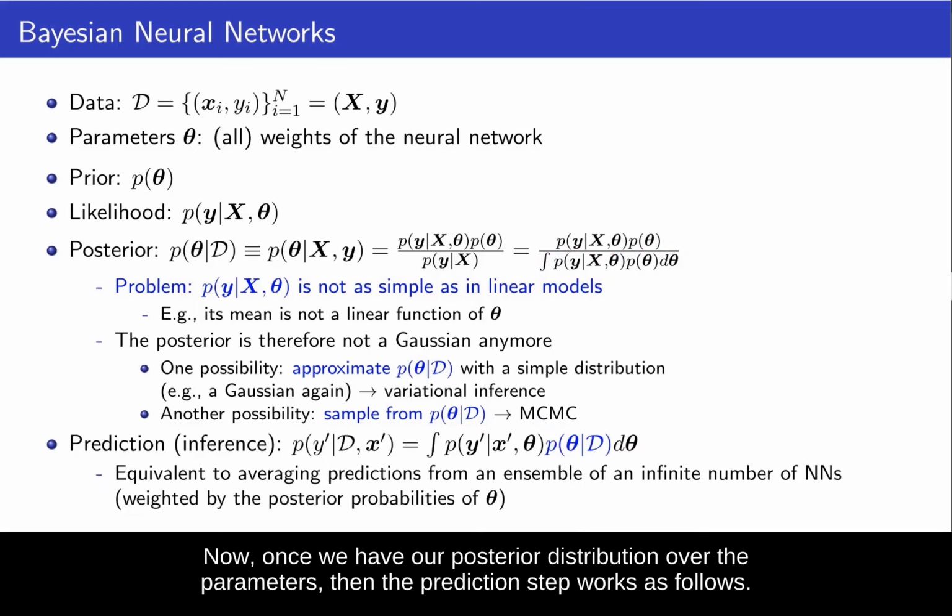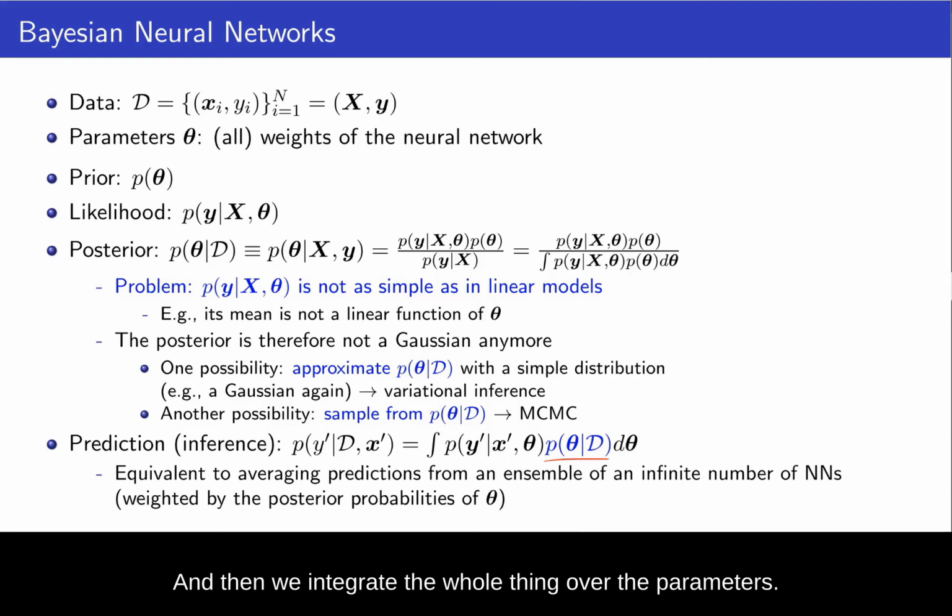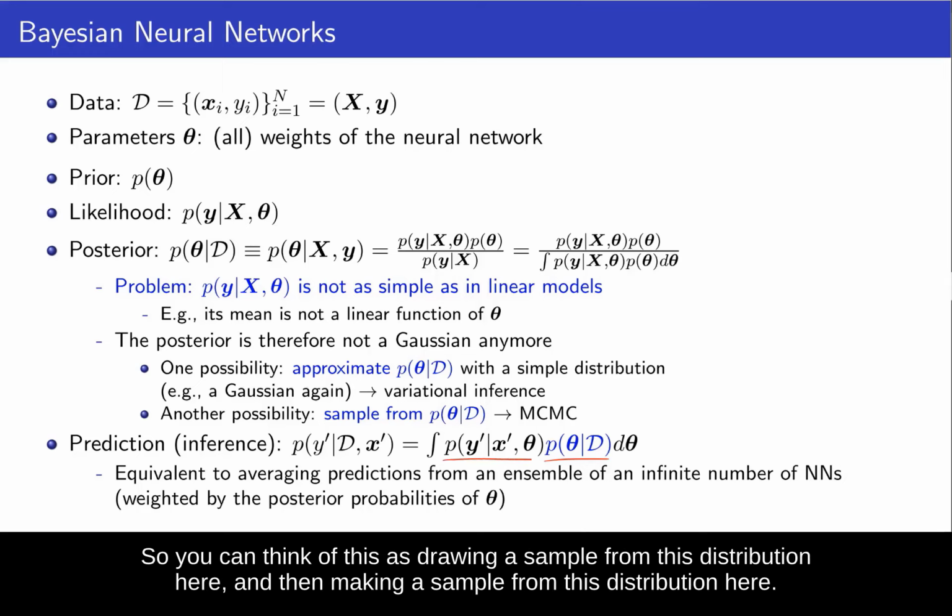Now, once we have our posterior distribution over the parameters, the prediction step works as follows. We take our posterior distribution over the parameters, and then we multiply that with the probability of the predictions if you use these parameters. And then we integrate the whole thing over the parameters.